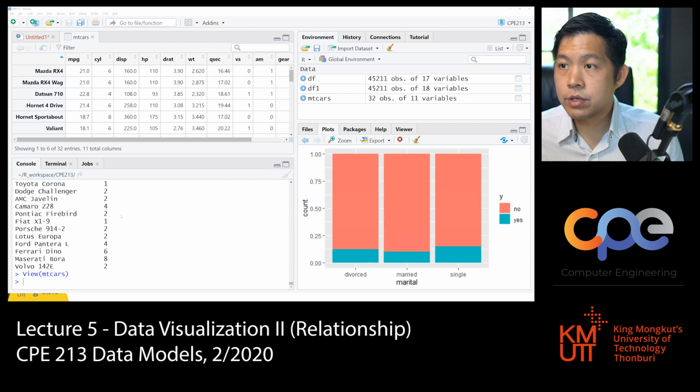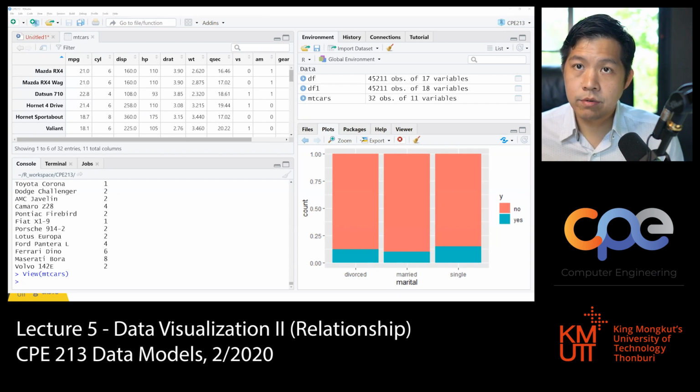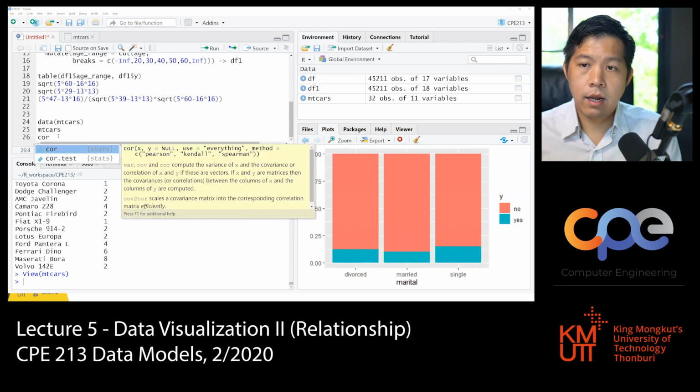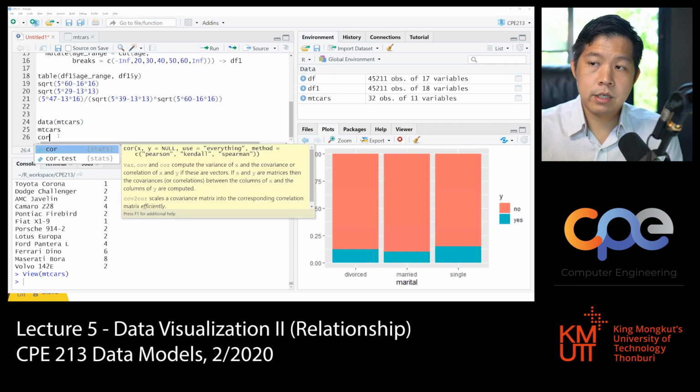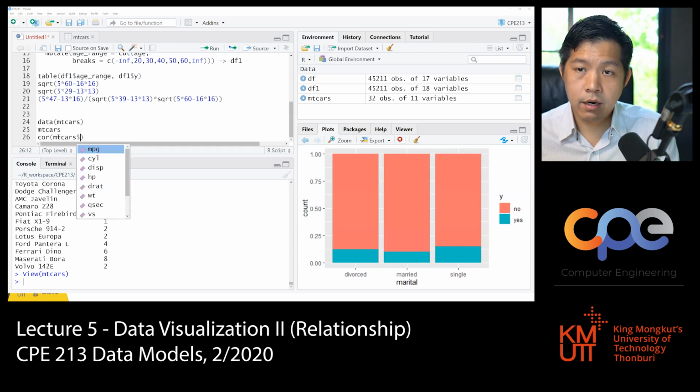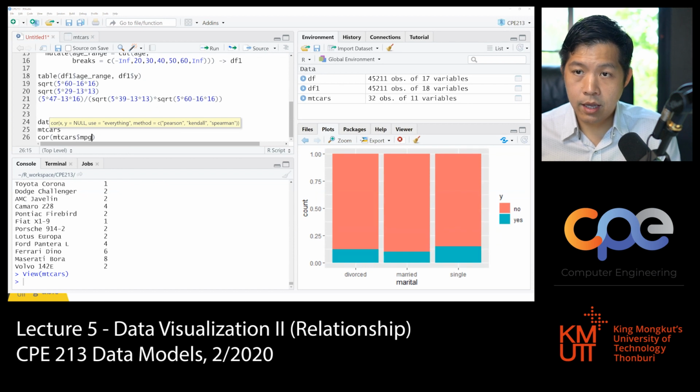Let's compute directly MPG and WT here. The function cor allows you to compute Pearson correlation. So I'm going to compute the Pearson correlation of mtcars$mpg and mtcars$wt, the weight of the cars.